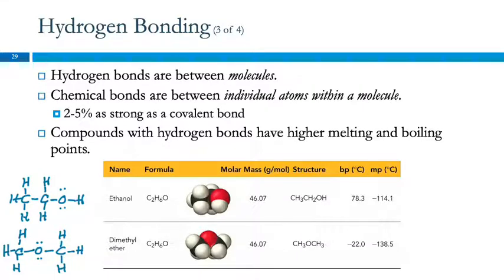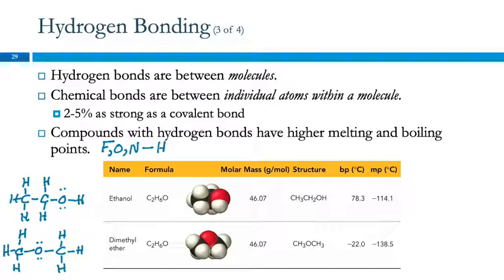Yes? So the way we can determine if it has a hydrogen bond is based off of its molecular structure? Yeah, you have to look at the molecular structure because you have to identify, do I have fluorine, oxygen, or nitrogen directly bonded to hydrogen? So if there's no hydrogen in the molecule, there's no hydrogen bonding.